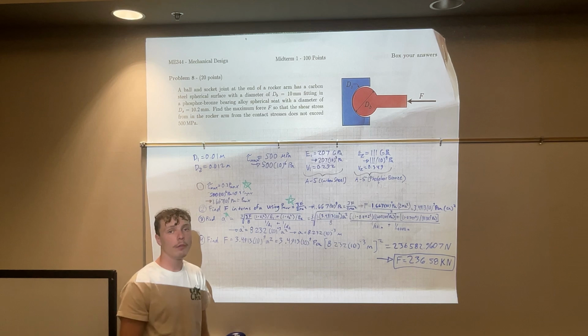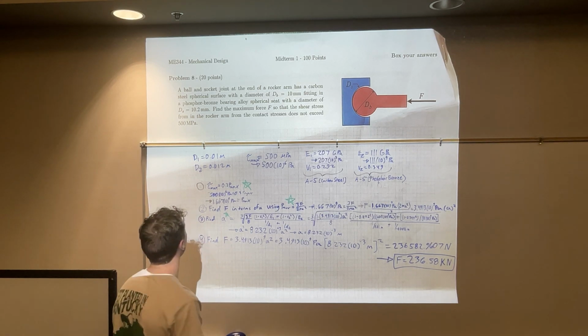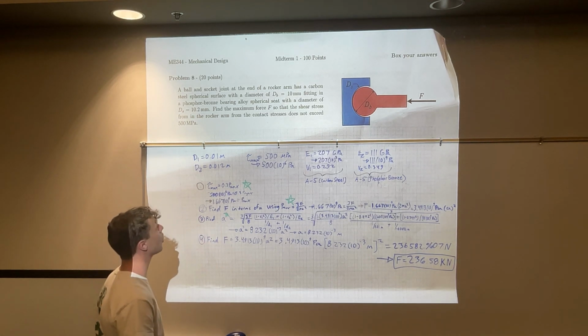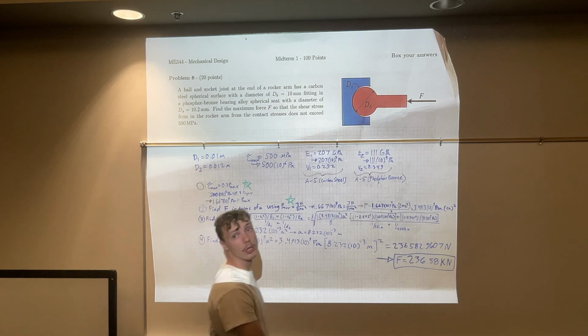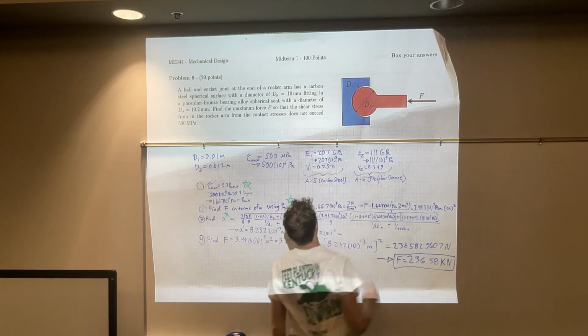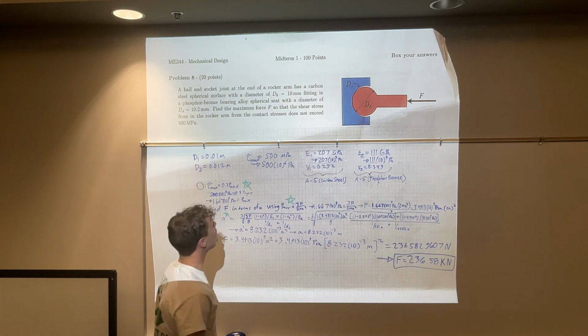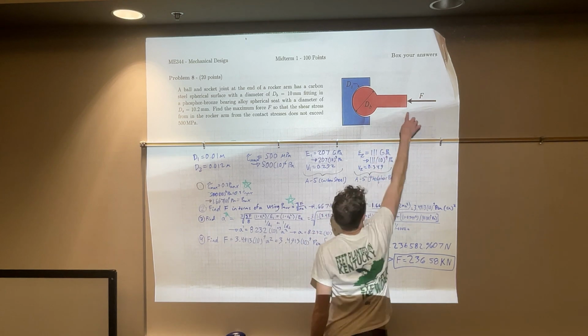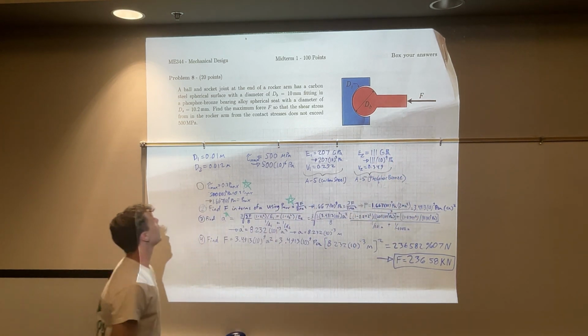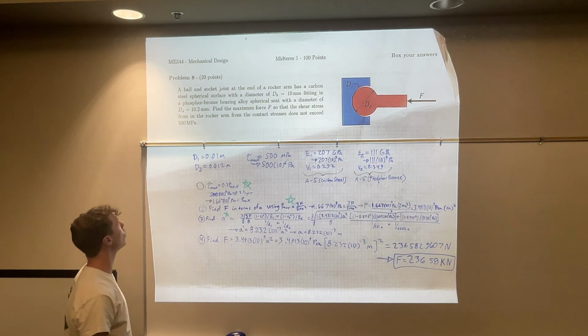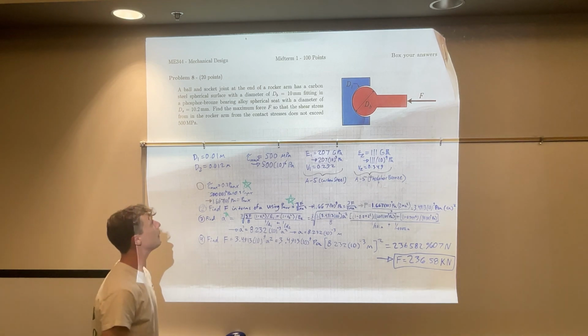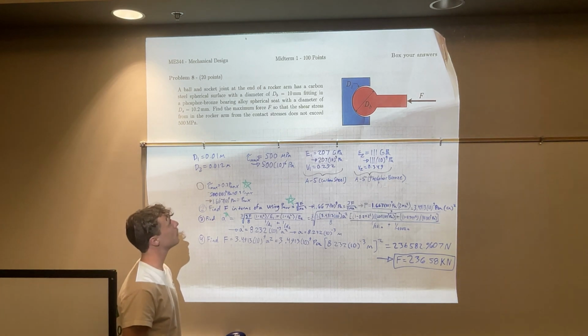So basically, first off, let's just read the question. A ball and socket joint at the end of a rocker arm. So we see the ball and socket joint right there. At the end of a rocker arm, there's the rocker arm, has a carbon steel spherical surface with a diameter of dB equal to 10 millimeters.